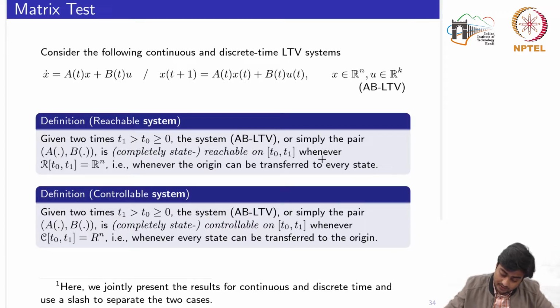So note this point, every state. We will make use of this in our later results. The pair is controllable, or completely state controllable, on this interval t0 to t1 whenever every state can be transferred to the origin.